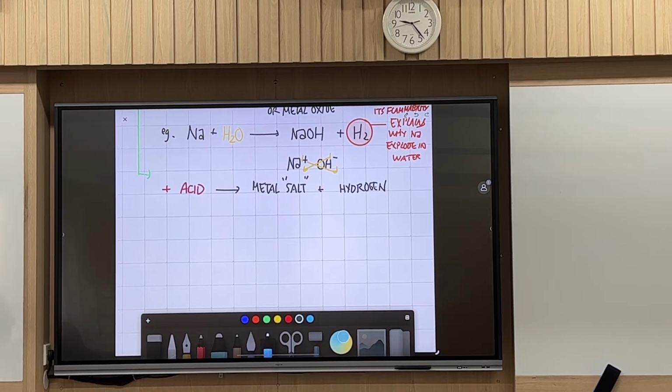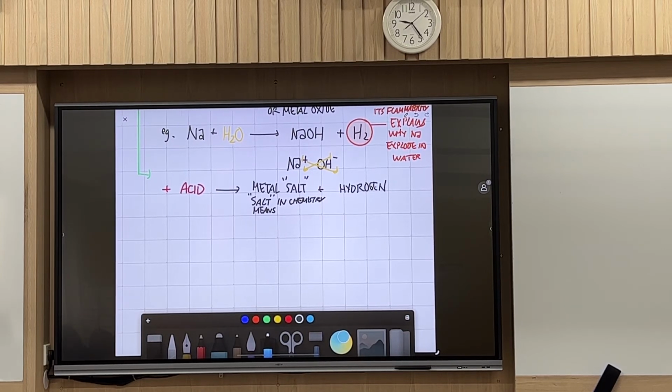Salts in chemistry means what kind of compound? Is it ionic or covalent compound? Ionic compound, yeah. So don't misunderstand this word here. Salts in chemistry means ionic compound in general. It doesn't always mean table salt. So don't think that whenever I react a metal with acid, I always get table salt.